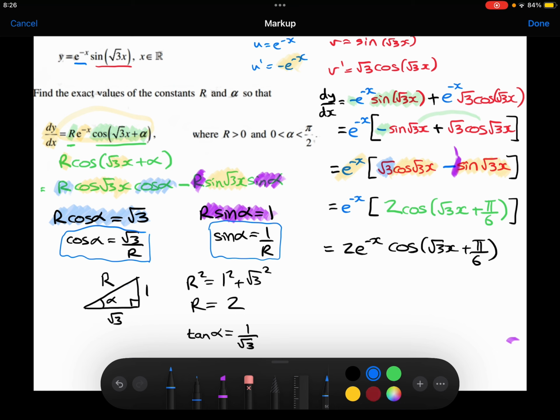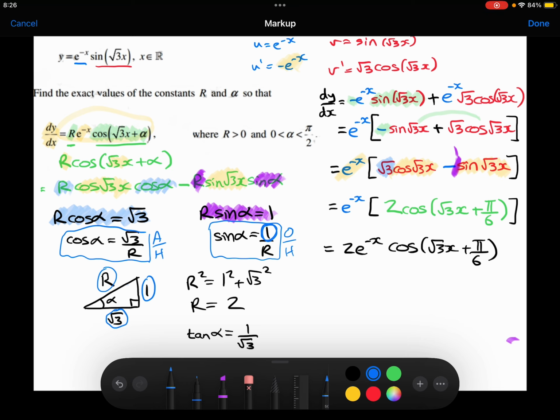I've put 1 over here on the opposite side because I can see that the opposite would need to be 1 because remember sine is the opposite over the hypotenuse. So that's why I've put 1 on the opposite side and r on the hypotenuse. I've put root 3 on the adjacent side because I can see here that cos is the adjacent divided by the hypotenuse. So the adjacent would need to be root 3.